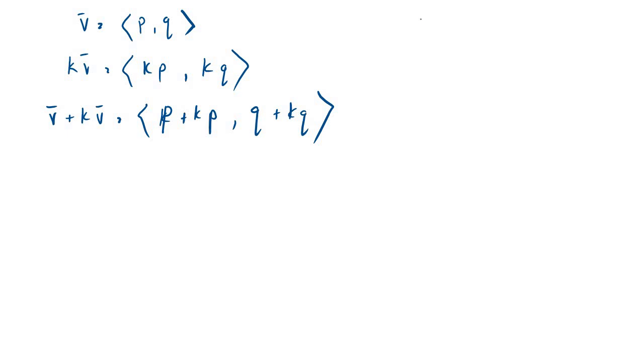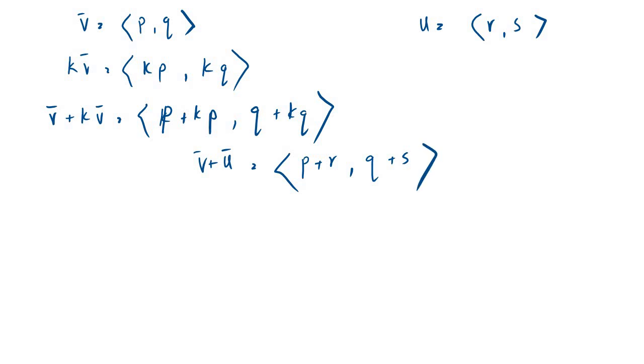And if we denote vector U as R and S, then V plus U, they're both vectors, would be P plus R, comma, Q plus S. So all we did here is we took the value on the left side of the comma and added them and put it here, and we took the values on the right side of the comma and we added them and put it here.